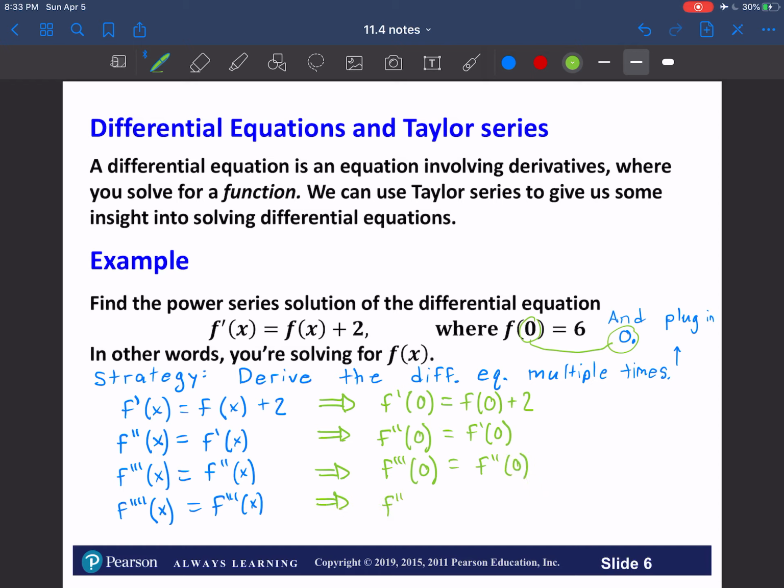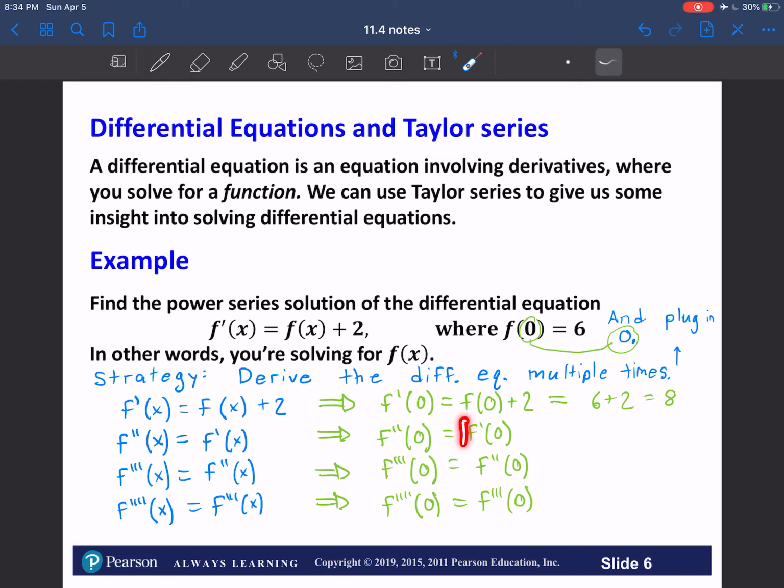The fourth derivative of f, evaluated at 0, is also equal to f triple prime of 0. If we look at this first equation, we don't know what f prime of 0, f double prime, f triple prime, or f quadruple prime is. But we do know what f of 0 is. We know that it's equal to 6. So let's plug it in: that's 6 plus 2, which of course is just 8. So now we know that f prime of 0 is equal to 8.